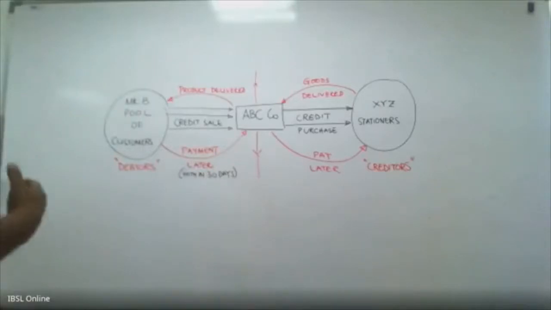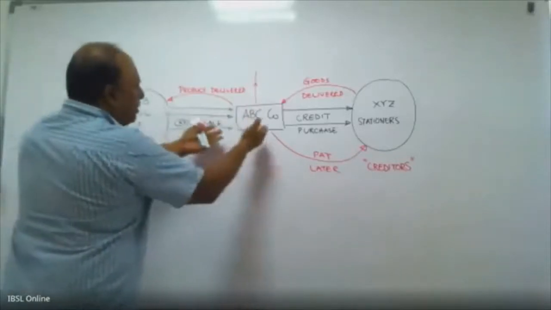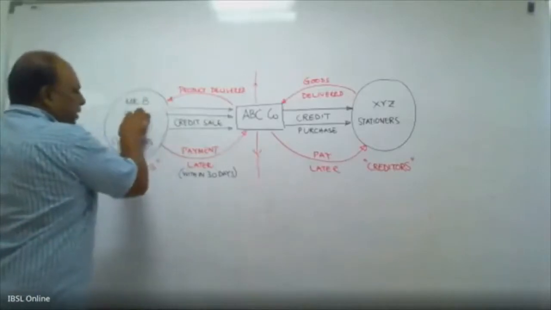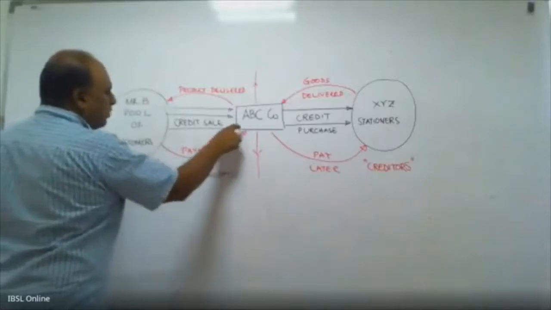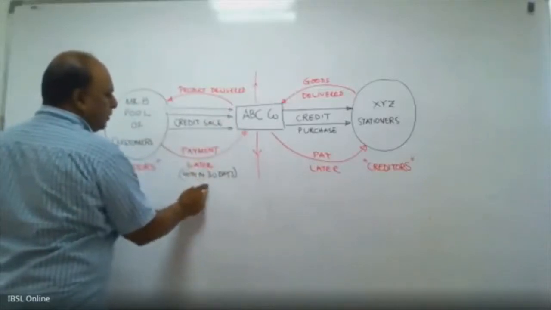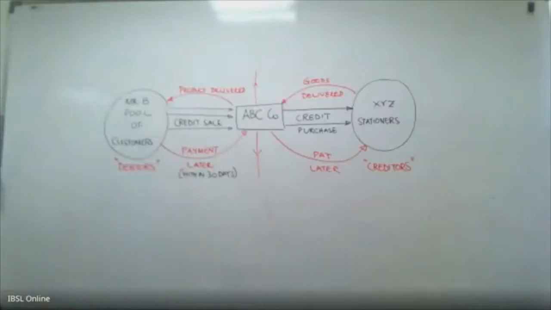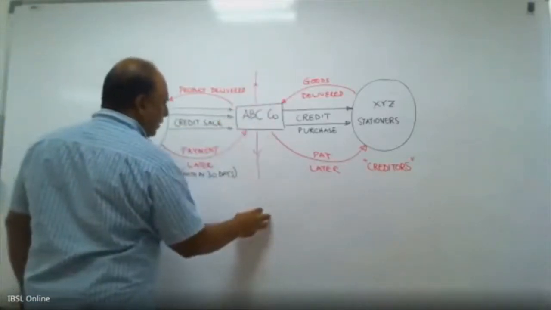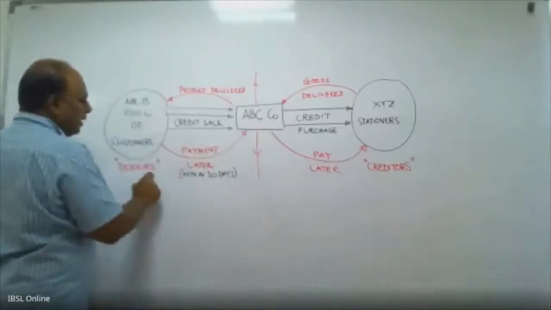But what are we trying to understand now? There is a business relationship between Mr. B and ABC company. And Mr. B has an obligation to pay this money to ABC company within 30 days. So from the point of view of ABC company, Mr. B becomes a debtor.